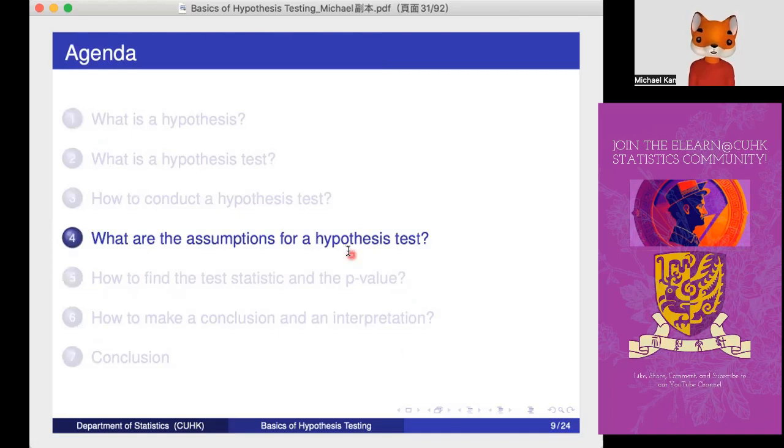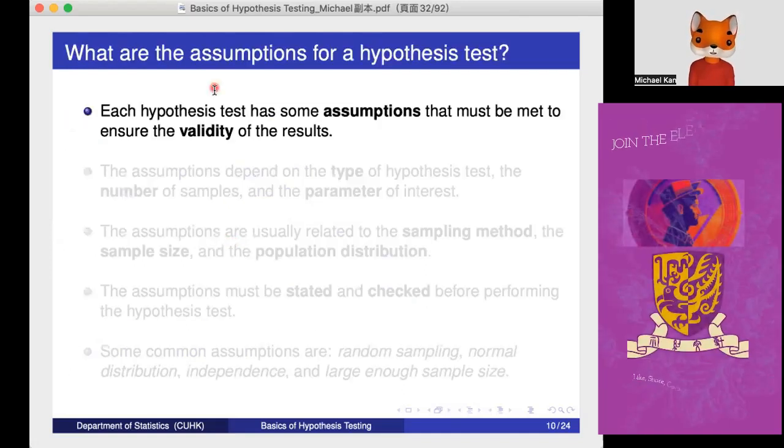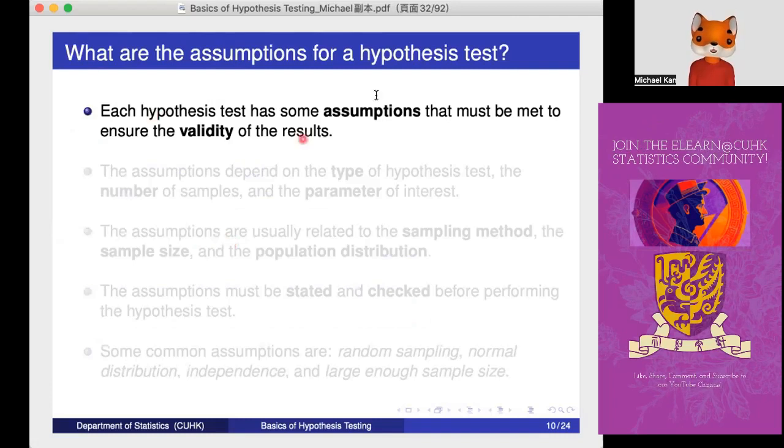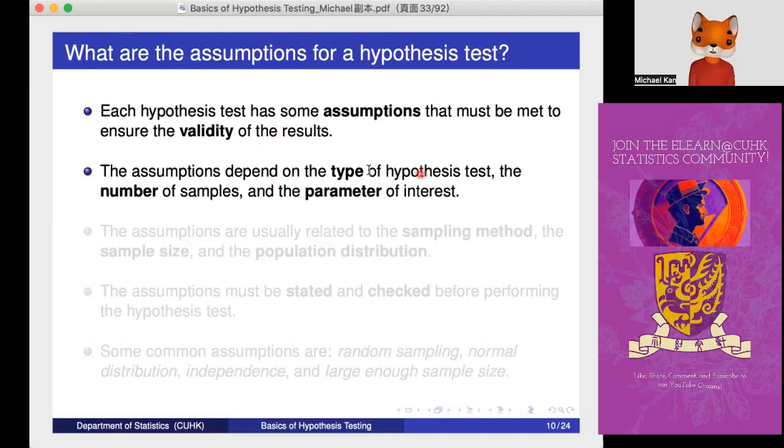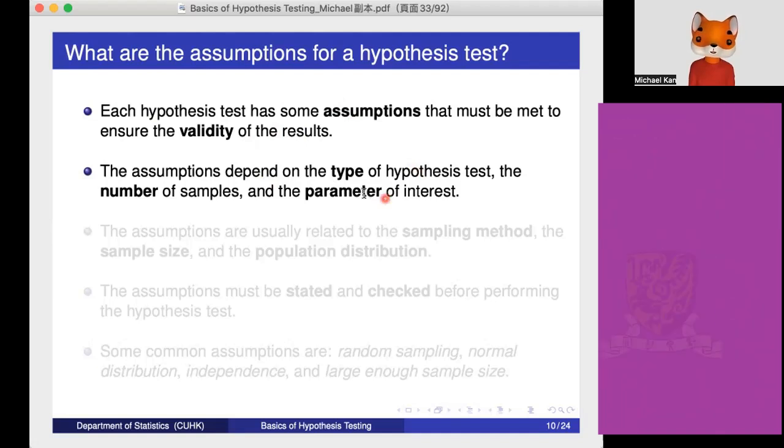Okay, let's talk about the assumptions of this hypothesis test. In fact, every hypothesis test has some assumptions that we need to meet, because this ensures that its results are valid. It depends on the type of test we want to conduct, the number of samples, and the different types of parameters.